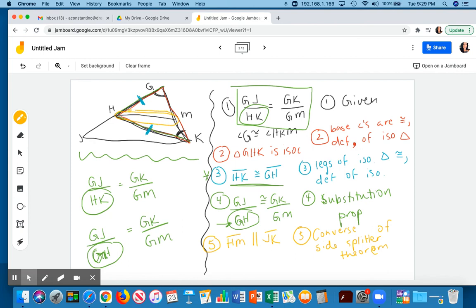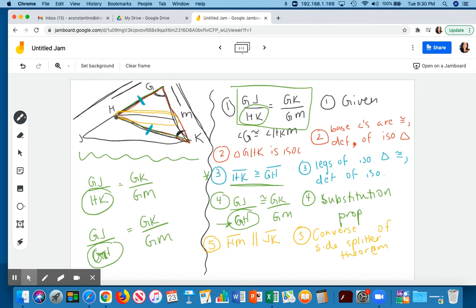In step 4, when we substitute the GH for HK, we are then able to say that this part, GH, and this part, GJ, are proportional to GM and GK, right? That's what we said in step 4.